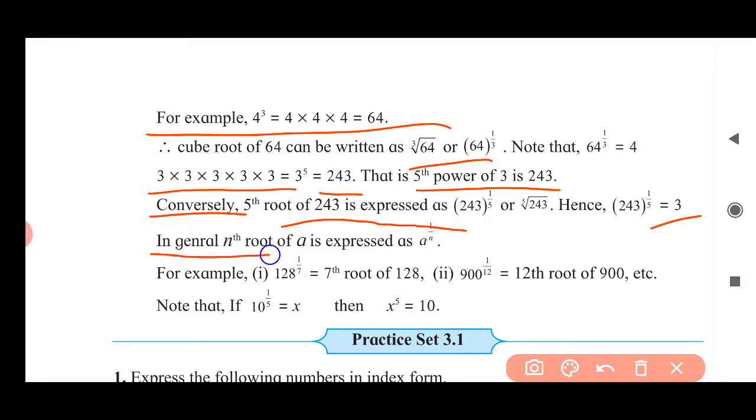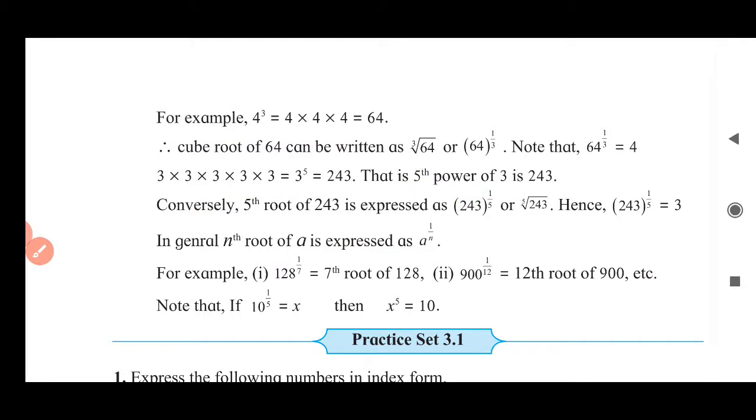In general, nth root of a is expressed as a raised to 1 upon n. आता बघा त्यांनी nth नंबर म्हणजे त्या ठिकाणी असा नंबर वापरला त्यांनी nth रूट असलेला, म्हणजे नंबर nth रूट आहे, मग कोणताही असू शकतो, आणि त्याचा एक्सप्रेस nth रूट ऑफ द a इज एक्सप्रेस ॲज a raised to 1 upon n.